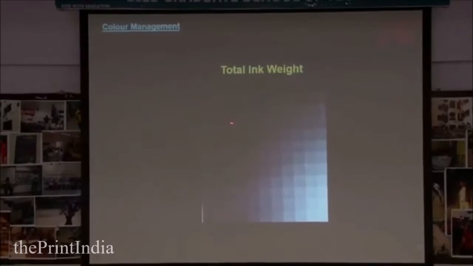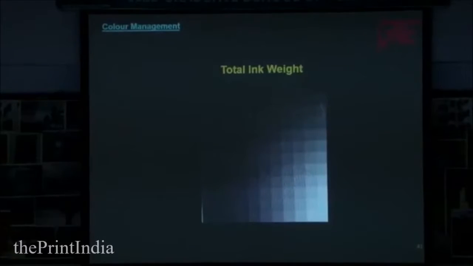So we have to decide what is the total ink weight that we can print. Because if you are getting good density, then you may print, for example, 80 in all the colors. So that is 320. We call that total ink weight. If you go over that, it's not going to give you any increasing density. There is no difference in tone. Okay. So this kind of chart helps us to find out what is the total ink weight we can print.